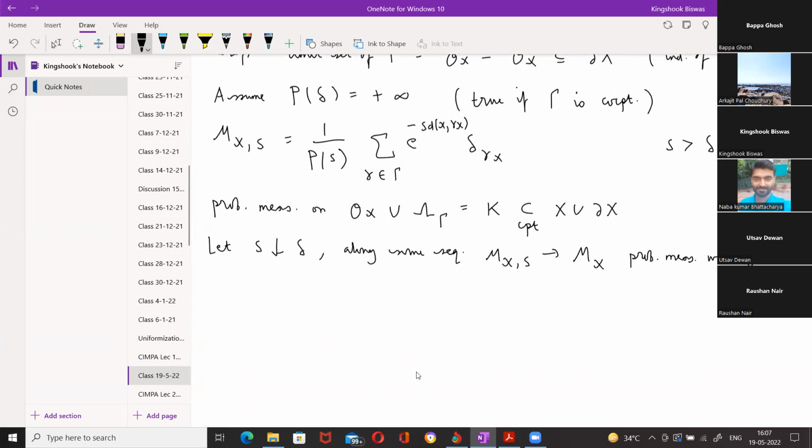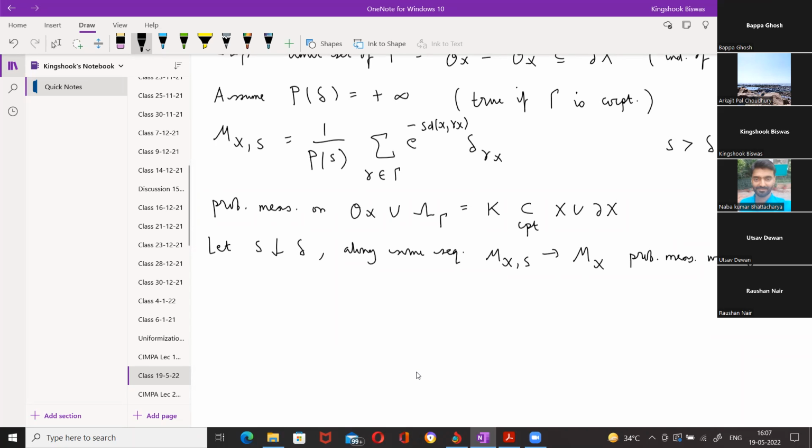So where will the support be? Well, if I take any ball inside X, then there are only finitely many points of the orbit there. So there are finitely many terms of this sum. And as s tends to delta, P of s goes to infinity. So for any finite ball, its mass will be basically a constant divided by P of s. So that goes to 0 as s tends to delta, because P of delta is infinity.